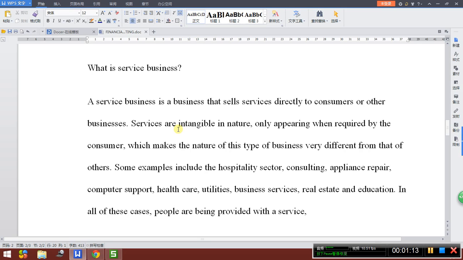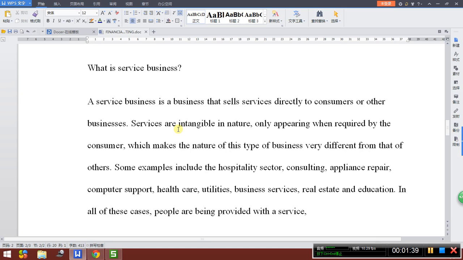There are some examples that belong to service business. For instance, hospitality sector, consulting, appliance repair, computer support, healthcare activities, business service, real estate and education.